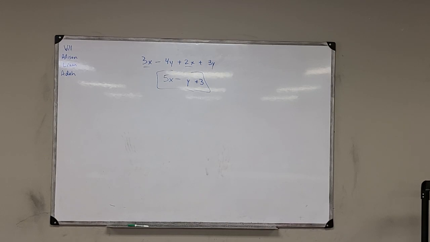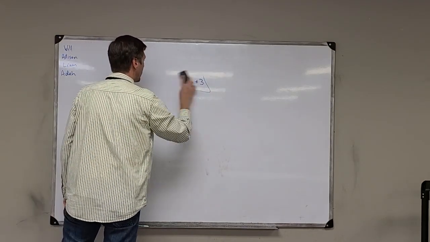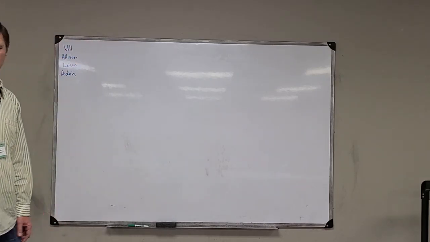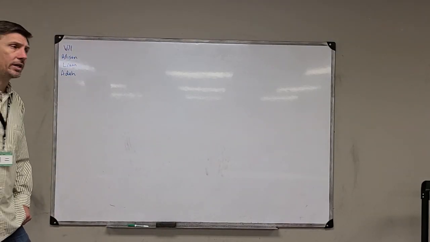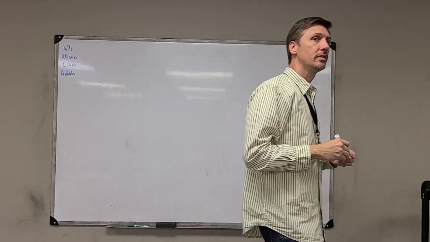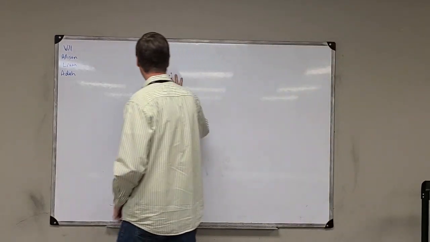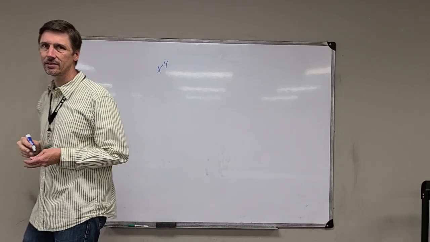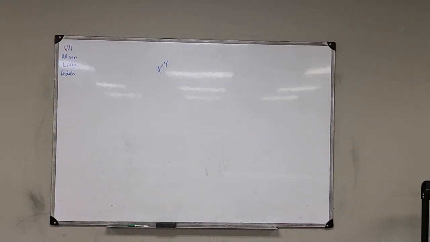All right, let's take a look at the next section, which has to do with exponents. Again, this stuff should be review for you, but we're going over it again just in case it's not. So if I have x to the 4th power, what does that exponent mean exactly? Jonah?